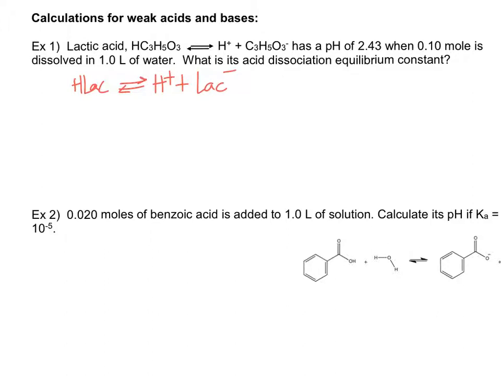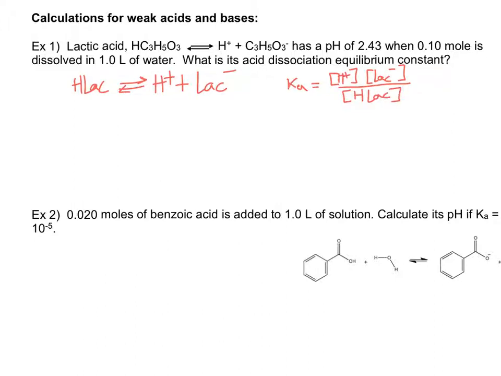It's up to you. As long as I'm not asking for any formulas or equations or something like that, it's okay to abbreviate stuff like this. Now I want the Ka, so I'll write the Ka expression. It's going to be equal to the H plus concentration times the lactate ion concentration over the concentration of my acid, lactic acid.